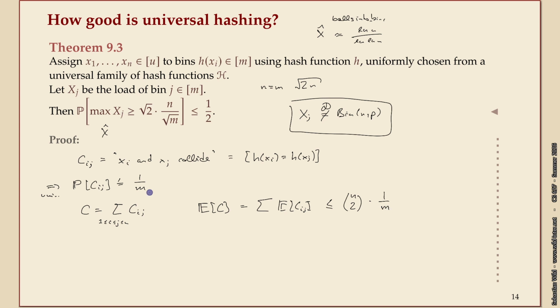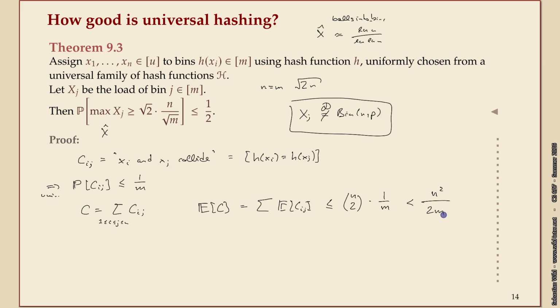That's from the universality. So we get an upper bound for the number of these collisions. And of course, as an upper bound, we can say it's n squared divided by 2m. That's good enough.